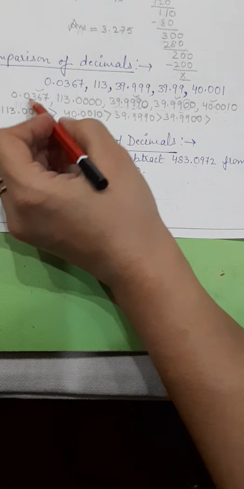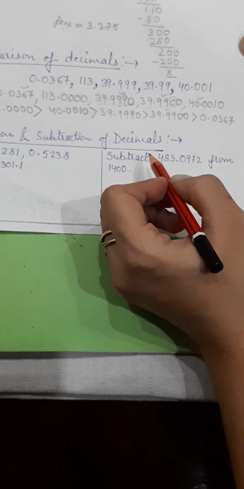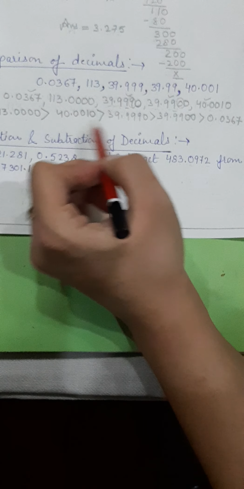Clear? Now after that, you can write 39.9900, and the smallest number will be 0.0367. Is it clear? Now convert all these numbers into the original numbers which are given to you.